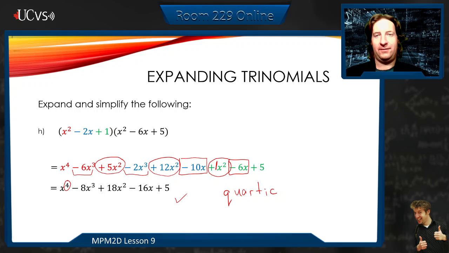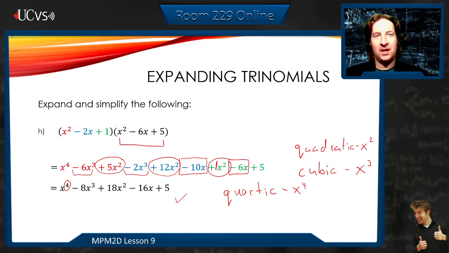If it's x squared, this is called a quadratic. X cubed is a cubic. So a quadratic has an x squared term, a cubic has the highest power of x cubed, and a quartic has the highest power of x to the 4. I don't think there's any name for 5th, pentic maybe. I've never heard that before.